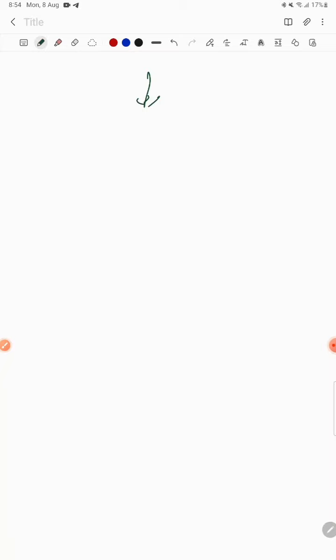Now coming to a very important thing: why are these changes occurring? Same way, you know about the retina. Okay, the retina has how many layers? It has about 10 layers.